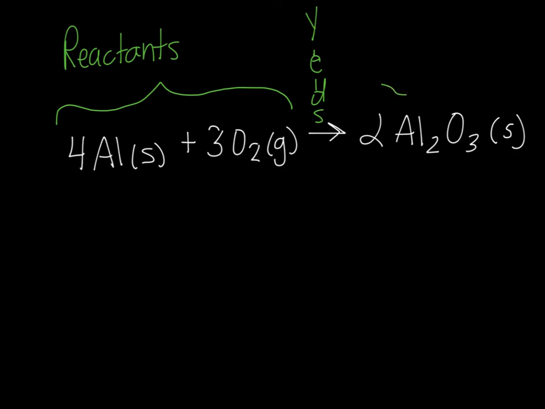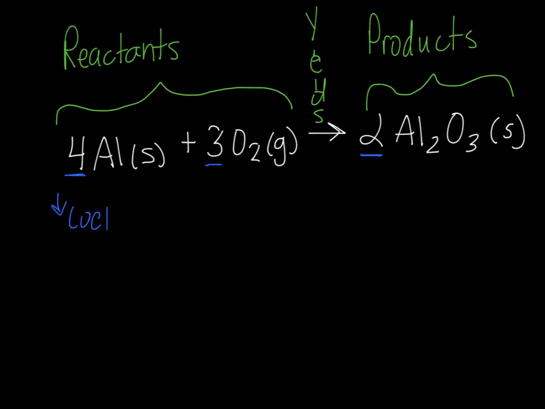On the right side then, we have the products. The big numbers in front of each of the formulas are the coefficients. They tell you how many of that molecule there is. So 4 aluminums, 3 molecules of O2, and 2 molecules of Al2O3.